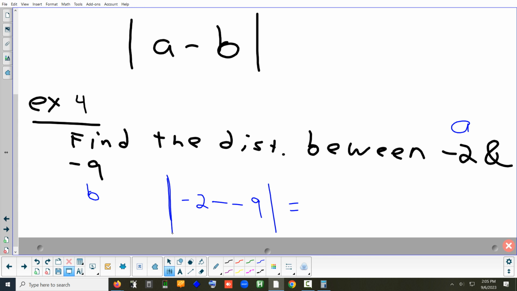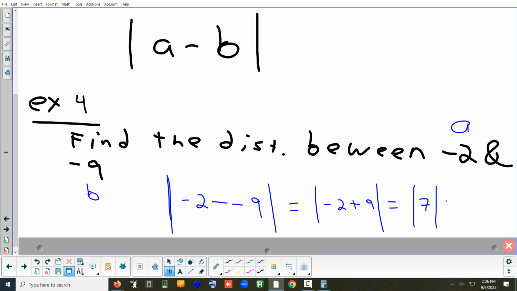Okay, so let's start to simplify what's inside there. Raina, what's going to happen when I do -2 minus 9? It's going to change to -2 plus 9. Okay, so we're going to change it to -2 plus 9. And how about, Owen, what's -2 plus 9? +7.